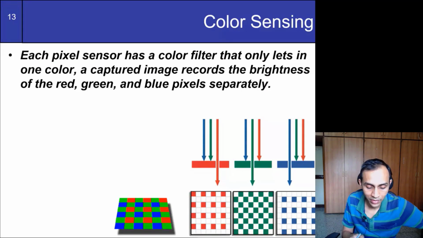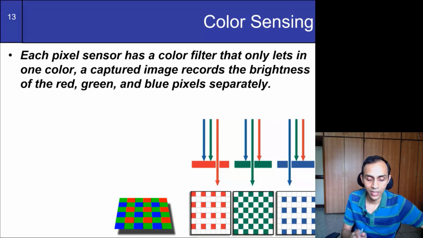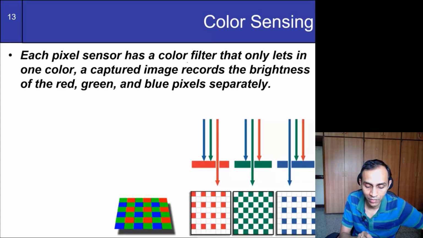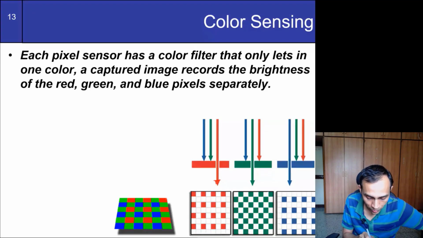The idea is that each filter will only let that particular color through. So the red filter will block all the other color rays, and will only allow the red light to pass through it.